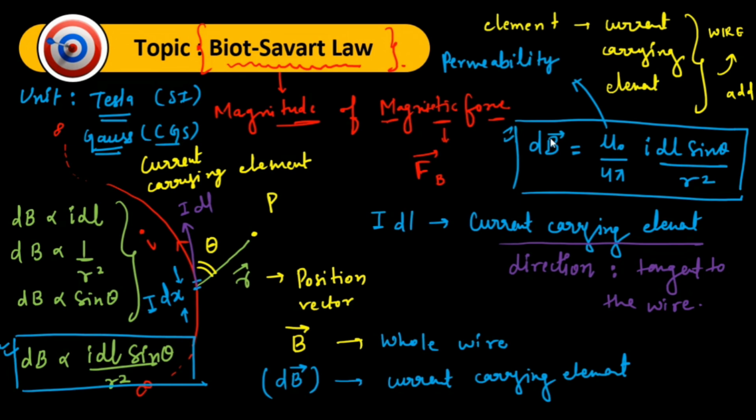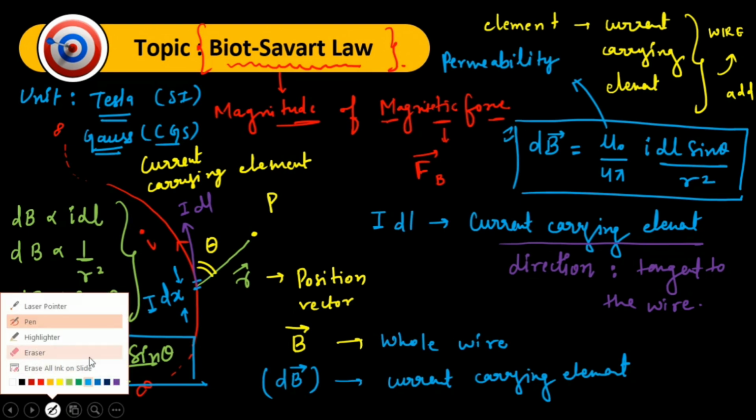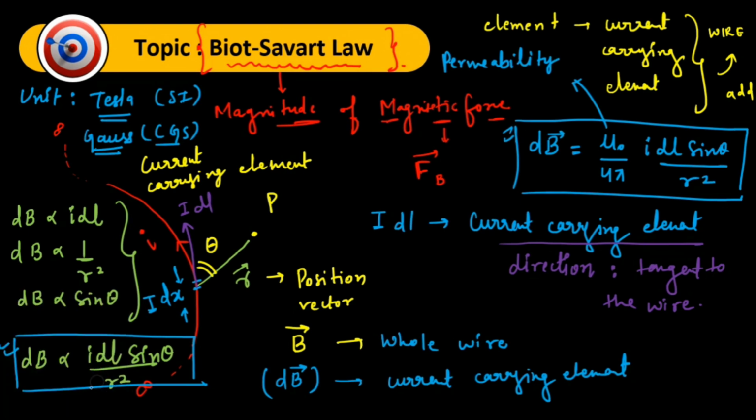Once again, how can we find out the direction of this magnetic field? What we have to do is keep our thumb in the direction of current, and whichever way our fingers are curled, it will give us the direction of magnetic field. So at point P, if I keep my thumb this way, I can say that the fingers will be going into the plane at point P. So it is represented by a cross.